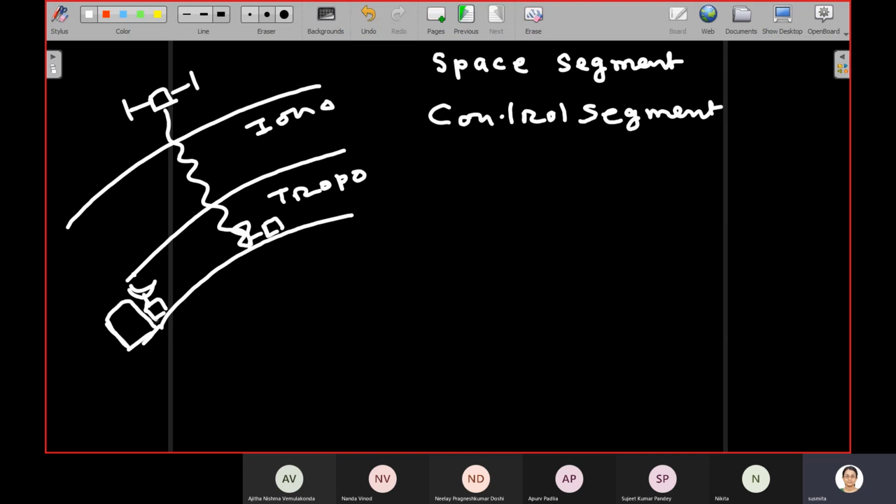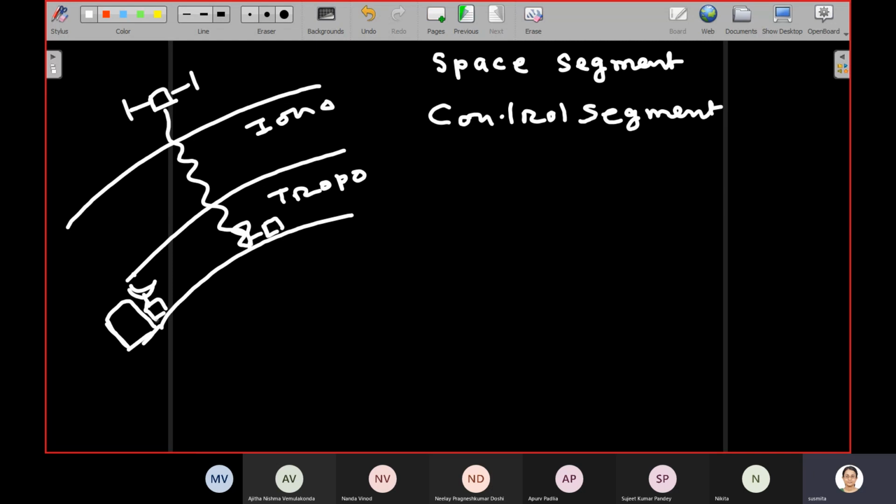Okay, so they have several ground stations, a network of stations that monitor the satellites. They continuously track the satellites and make sure satellites are healthy. If a satellite is not healthy, then they need to take appropriate action. They also do station keeping maneuvers where they remotely fire thrusters to make corrections to the orbit so that satellites remain in their designated orbits.